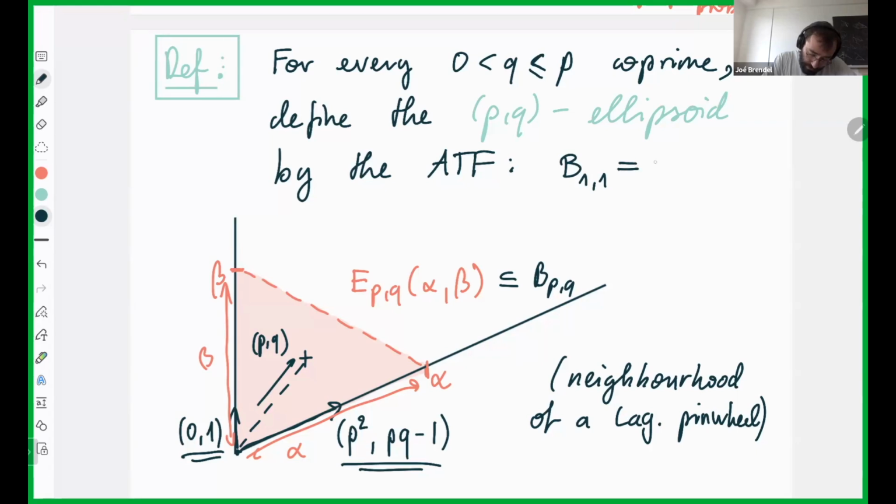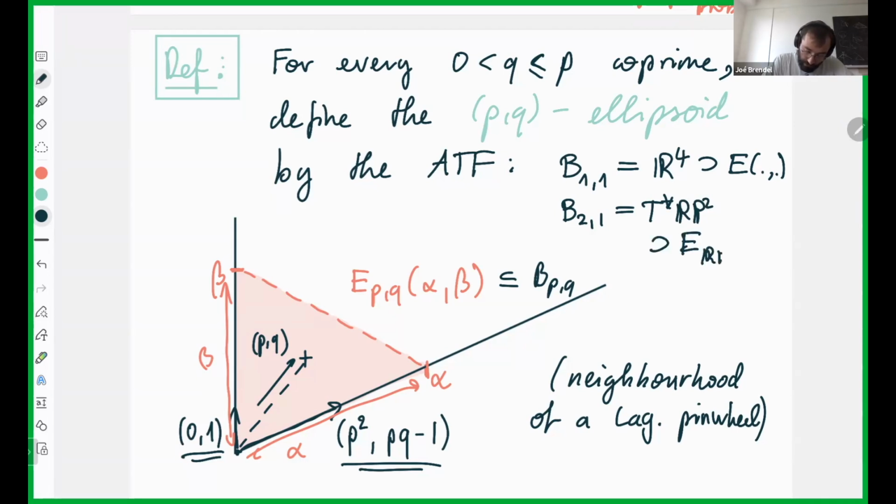In that case, B would be R^4, and you would just end up with standard ellipsoids. And the case of B_21 would be the one that I discussed before, T star RP2. So you see that if I plug in 2 and 1 here, I end up with the same vector that I was considering before. Then you have these RP2 ellipsoids.